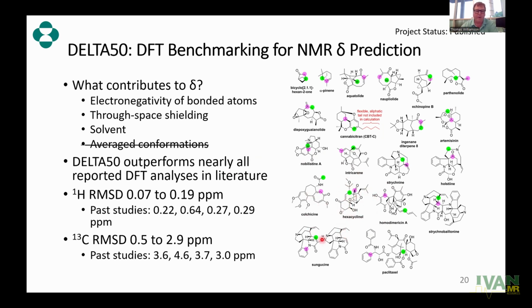And so it turns out it works really, really nicely, and in our hands at least, when compared to virtually all other types of DFT approaches, we see that DELTA50 generally outperforms all of these. So if you haven't checked it out, I highly recommend it. It's a nice open access article, and we're really proud of this, and think that it could be useful in your work. So check it out.